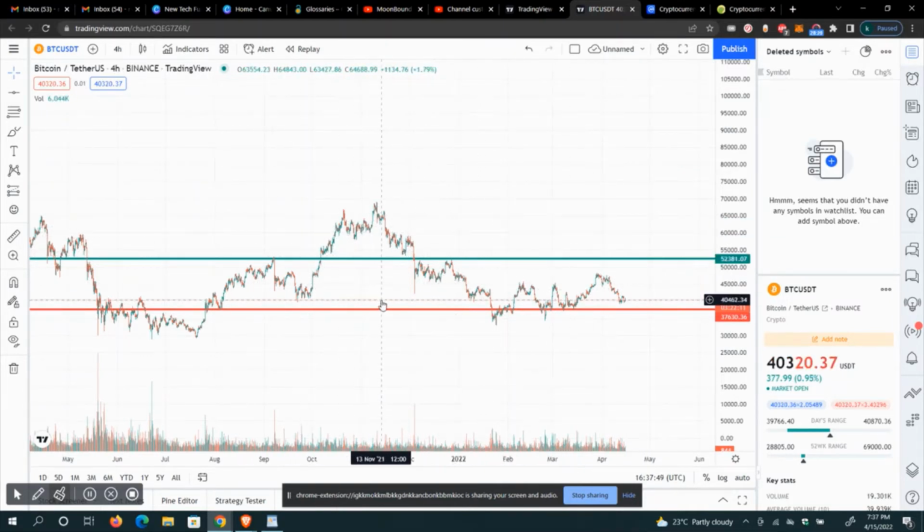A support simply means a position, a wedge or a block holding the market from going below that. And a resistance simply means something holding the market from going above a certain amount.